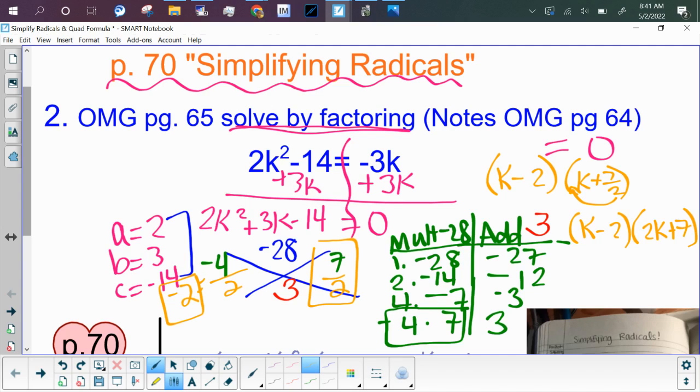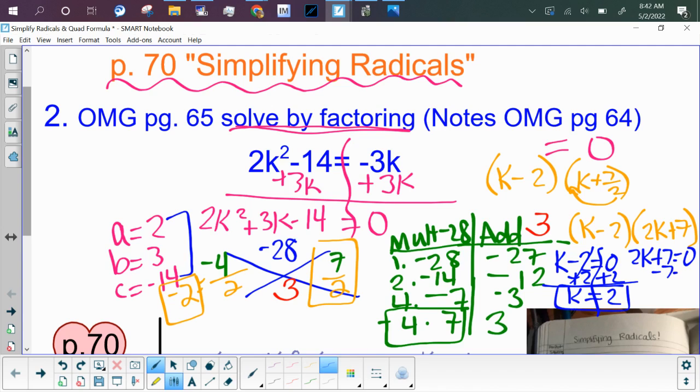Okay, and now to solve this, I'm going to set both of those equal to 0. So K minus 2 equals 0, which that'll just be K equals positive 2.